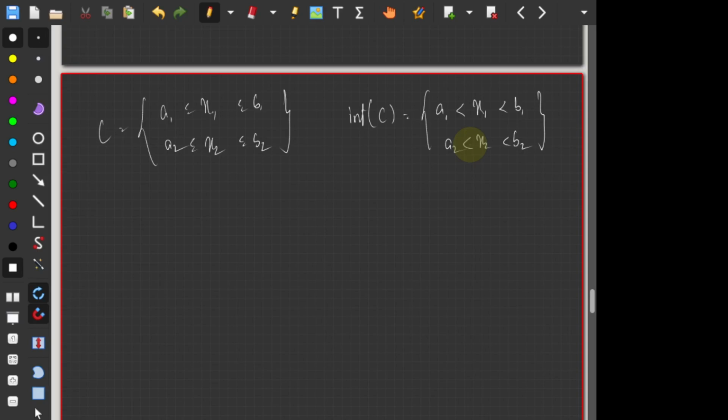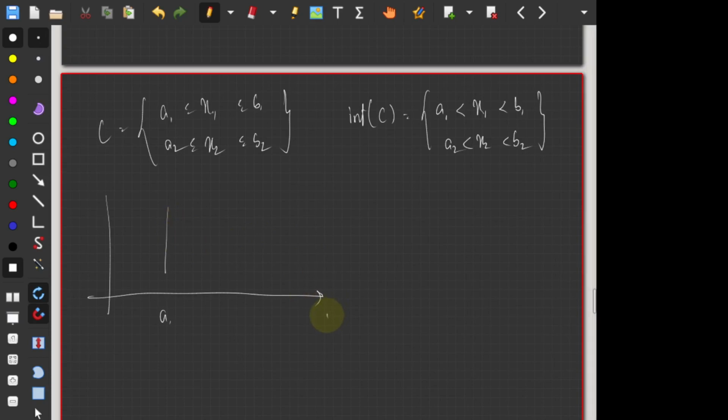And what is the boundary? Is it just a1, b1 and a2, b2? So think about it pictorially, right? What does this set look like? Let me write. This is my x1 axis. This is my x2 axis.